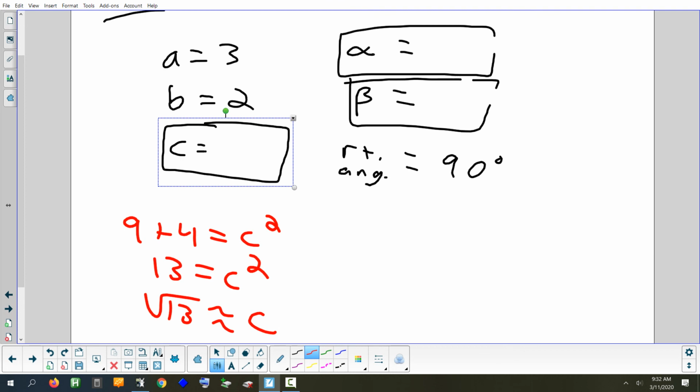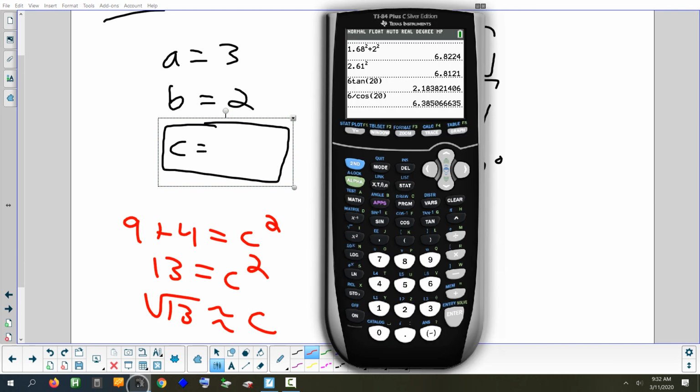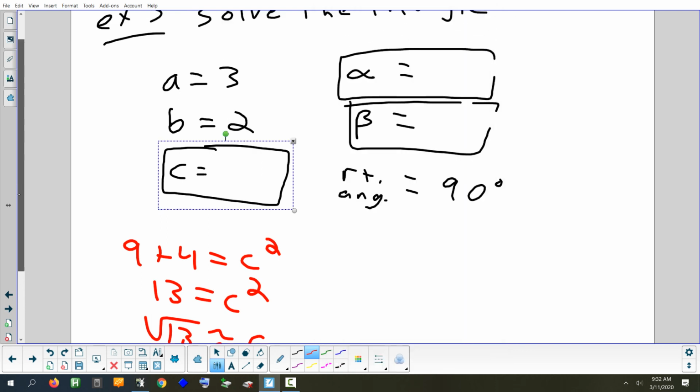I know in last night's homework we didn't. But in last night's homework, we weren't actually solving for the sides. We were just writing sine, cosine, tangent, cosecant, secant, cotangent. That was a little different. So in this, go ahead and just round it off. So it's about 3.61.